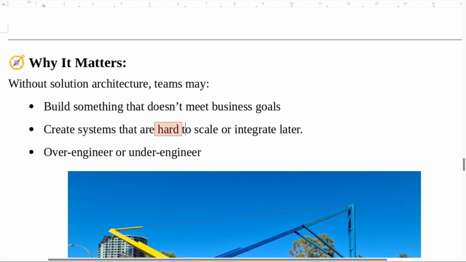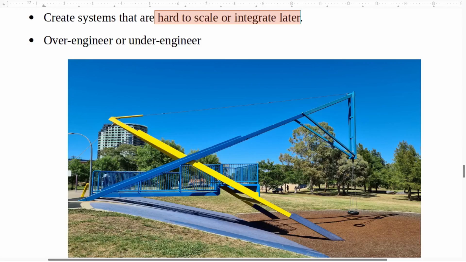Or else, you can also end up with a rigid system that cannot interoperate with other existing systems or future systems. In the image on the screen, we can see a tire swing built elaborately at a huge cost. It looks like a bridge and roof company ended up building a swing. This is an epitome of over-engineering.